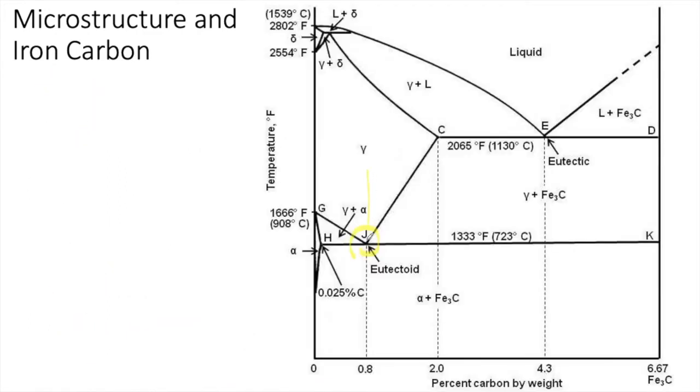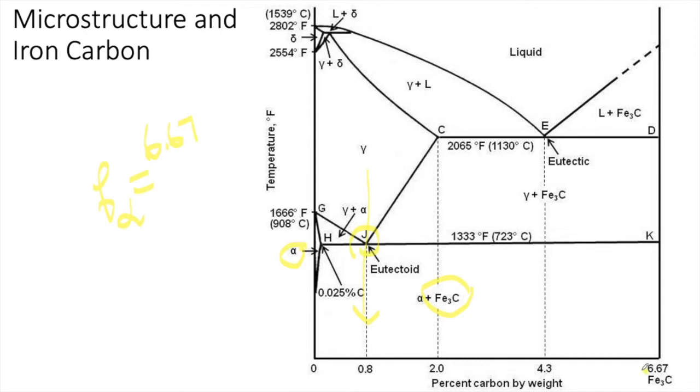While transforming from austenite to alpha plus cementite at eutectoid point J, we can identify the composition of alpha and composition of cementite separately.